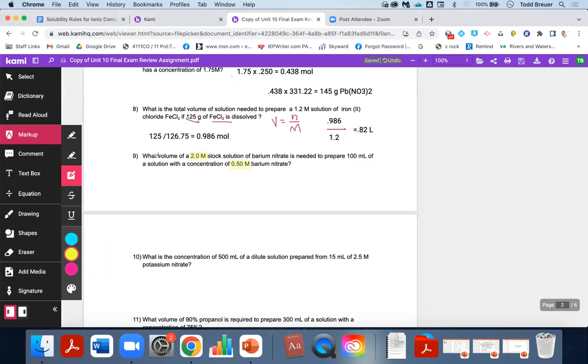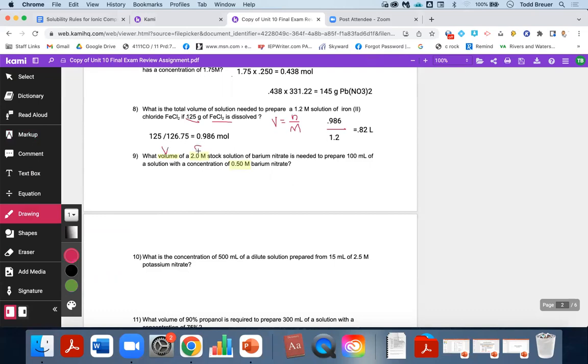It says what volume of 2 molar. So basically this is a V and this is a C, a concentration, to prepare 100 milliliters, that's a volume that has this concentration, 0.5.